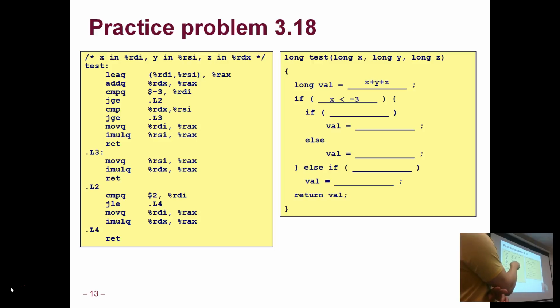But the fall through is the opposite. So in this case, the condition for the then is Y is less than Z. Right? So it was greater than or equal to, you're jumping. So that means when Y is less than Z, you're over here.